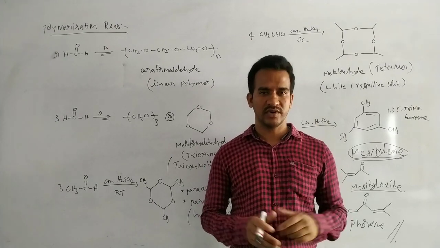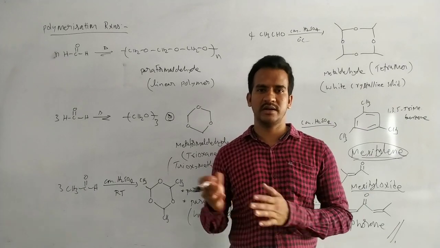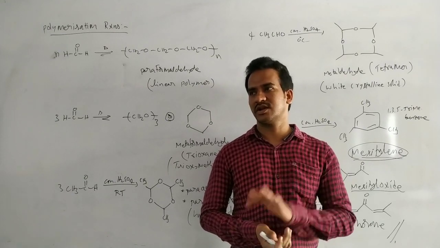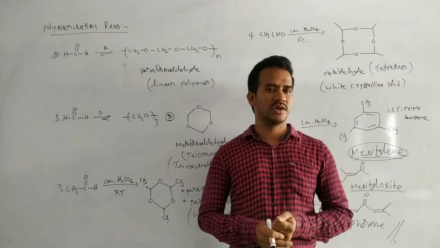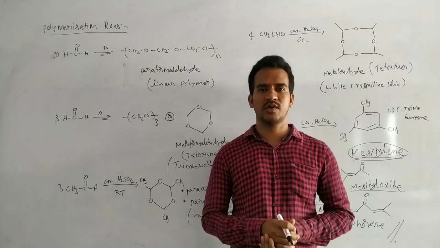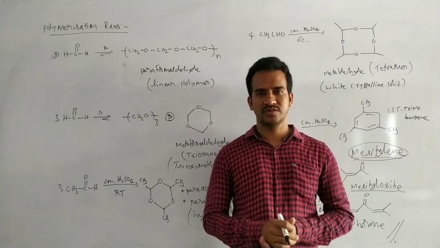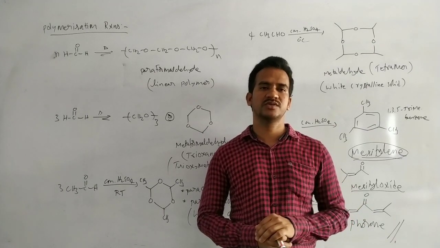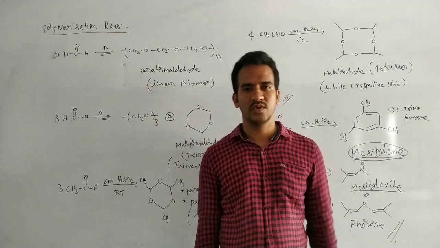For this week, the syllabus is complete carbonyl compounds, from preparation methods to chemical properties, and the chemical properties also involve oxidation and reduction. You can ask your seniors too; they are writing many NTA model exams, and in those exams most questions are from oxidation and reduction reactions. So be careful with this chapter. I request you once again to study oxidation and reduction from alcohols and these reactions. That's it.